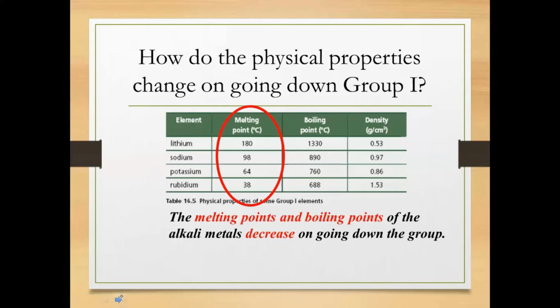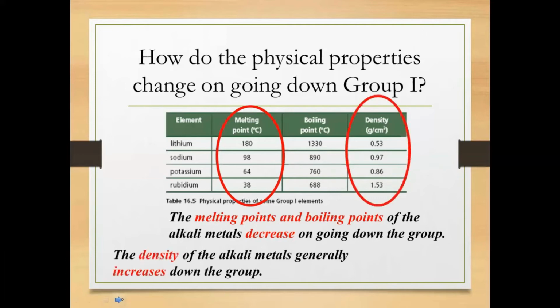The melting point of lithium is greater, but as we move down the group, the melting point is decreasing, and the boiling point is also decreasing within a group. You can see this in the chart.